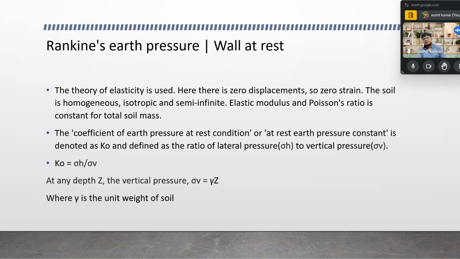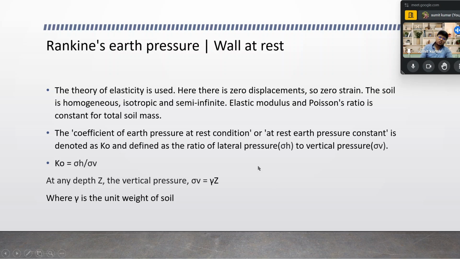Elastic modulus and the Poisson ratio are constant for the total soil mass, and the coefficient of earth pressure at rest condition, or the rest earth pressure constant, is defined as K naught, which is the ratio of lateral earth pressure to the vertical earth pressure. K naught equals sigma h by sigma v. At any depth z, the value of sigma v is gamma z, where gamma is the unit weight.